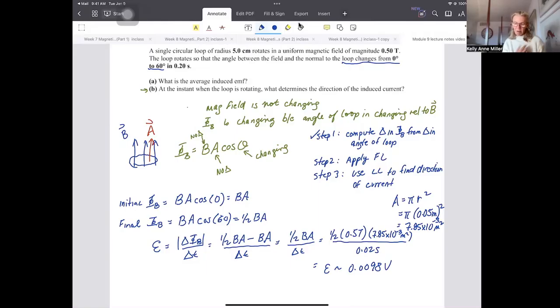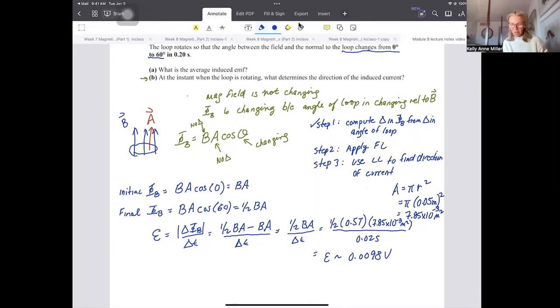Okay, so let's talk about the induced current. That's part A, what I just did there. Now part B. The loop starts out like this, and then it rotates so that it's 60 degrees relative to the B field. The B field stays stationary and the loop rotates.